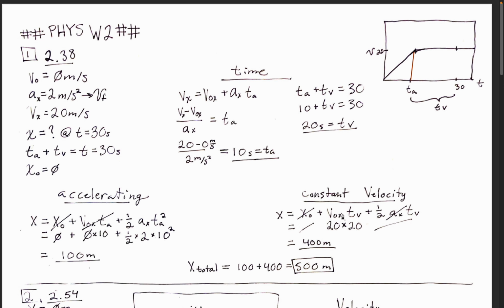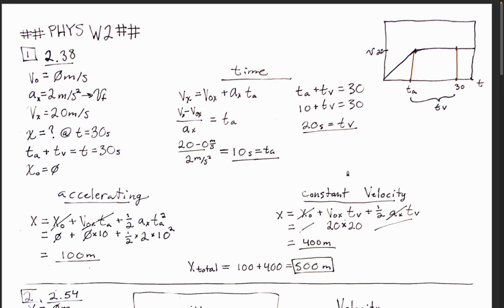Over here, we're calculating the constant velocity distance, so to here, right? We use the same equation. For this, I set the initial distance to 0, and that's why you see this mark out here.